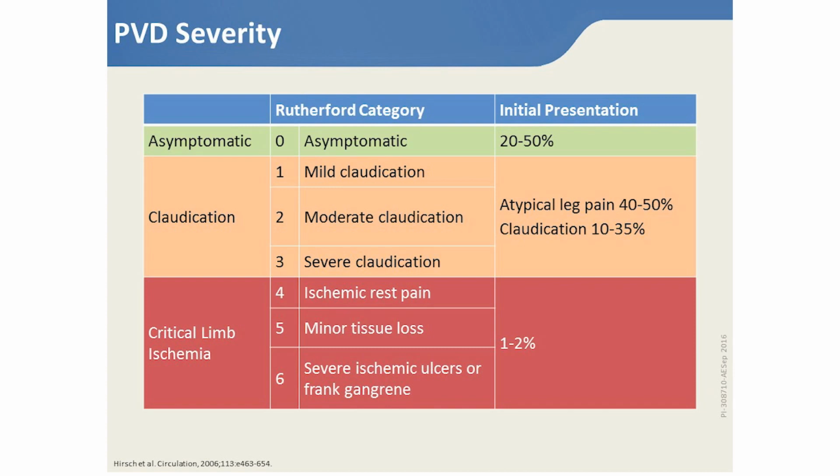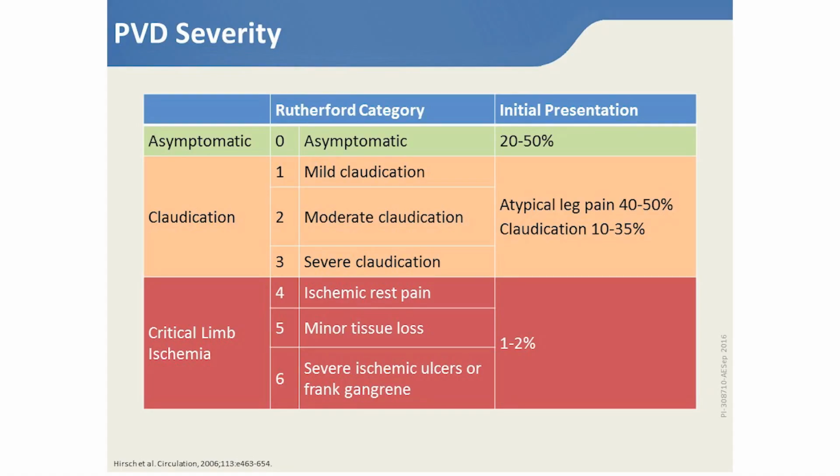Severity of peripheral vascular disease can be divided into three main groups. Majority of patients will fall into the asymptomatic group. Approximately 20 to 50% of patients will belong to that group.